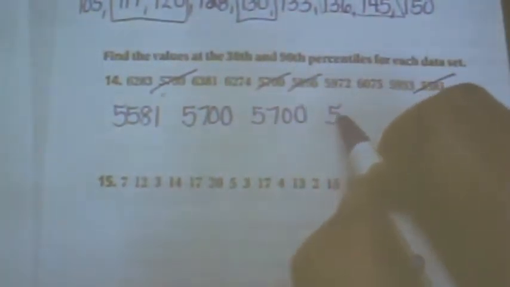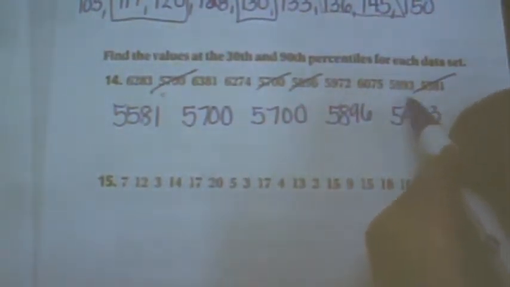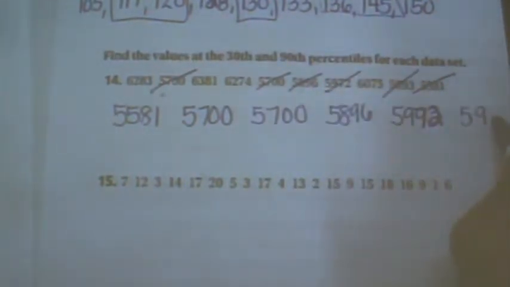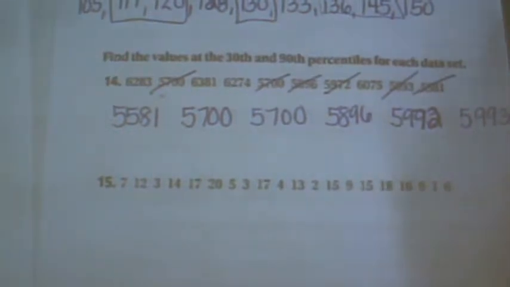Then we have a 5896. We have a 5993. And then, whoops, 5972 was first. 5972, then 5993.